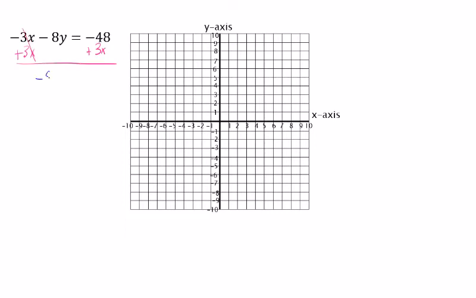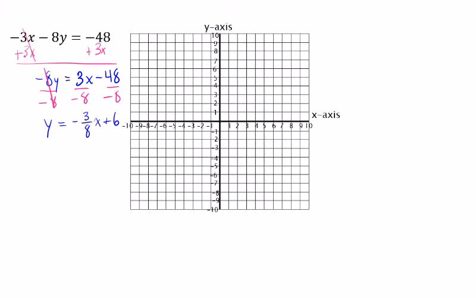So then we end up with -8y equals 3x minus 48. So then I'm going to divide everything by -8. And this will isolate the y. So y equals -3/8 x plus 6, right? -48 divided by -8 is +6.